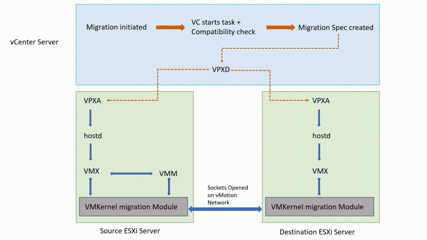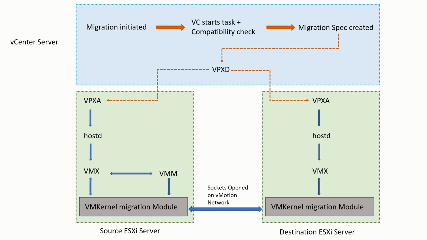Note that VMM is only used at the source ESXi host during the migration because that is where the active memory of the virtual machine resides. After this is done, the VM kernel migrate module on the source ESXi host will open a socket on the vMotion enabled network to set up communication with the destination ESXi host.